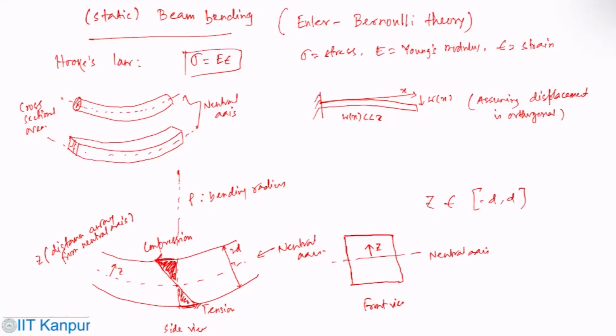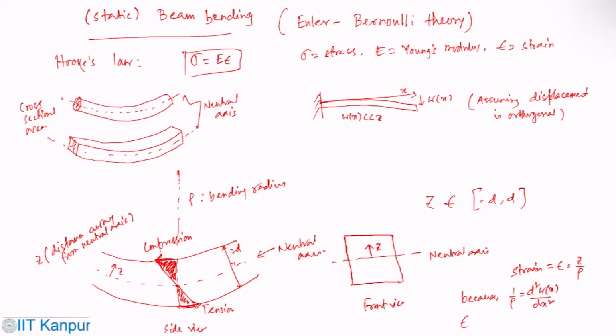If the neutral axis is at 0, then you have this symmetric section, going from minus D/2 to plus D/2. What we can write, strain is epsilon, which is Z by rho, because 1 by rho is d2 Wx by dx2.